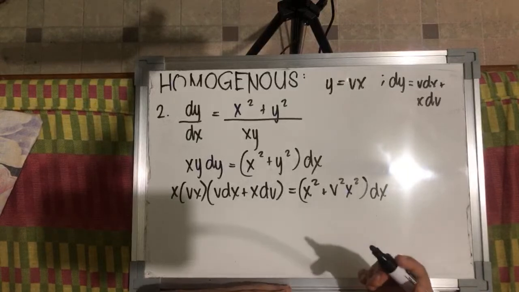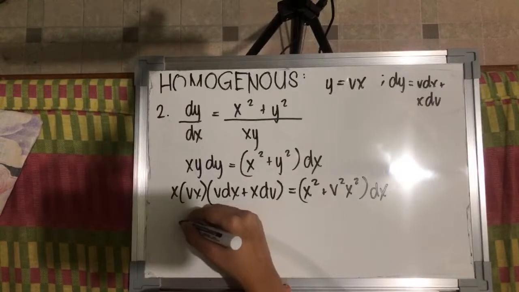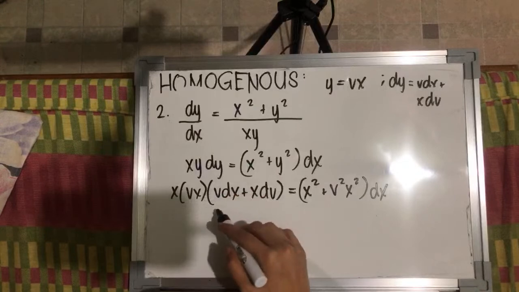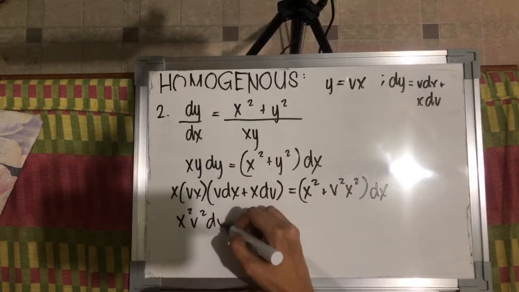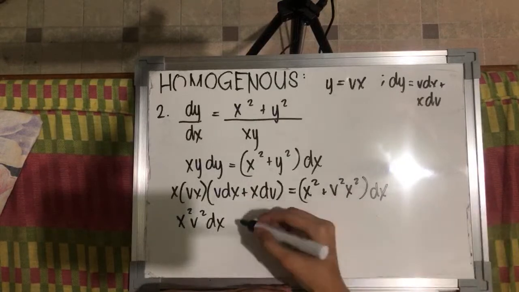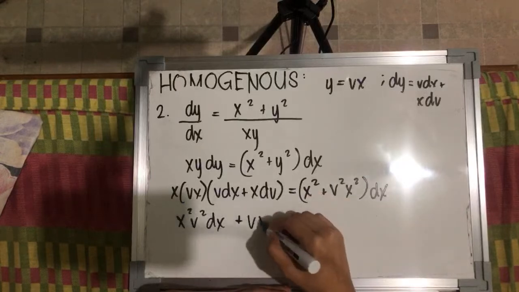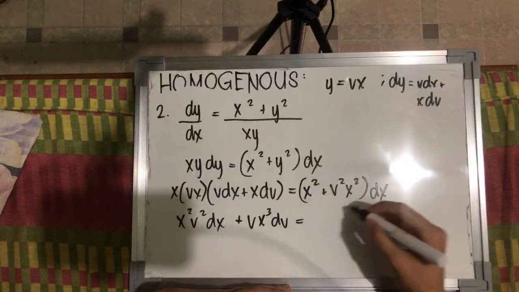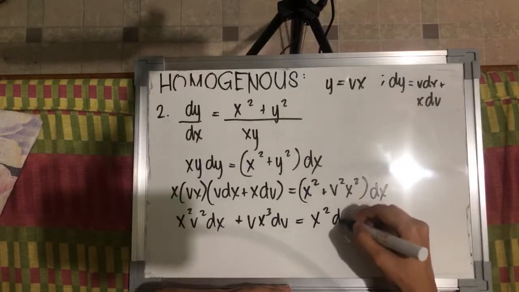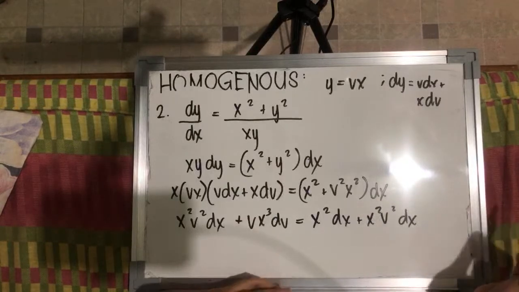So, simplify. x squared v squared dx plus vx cubed dv is equal to x squared dx plus x squared v squared dx.